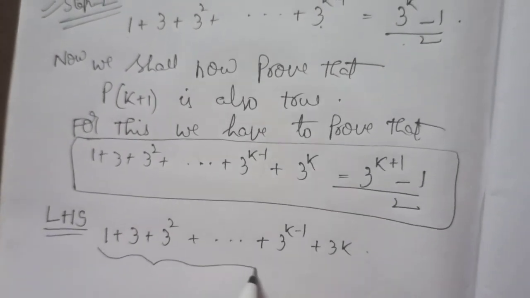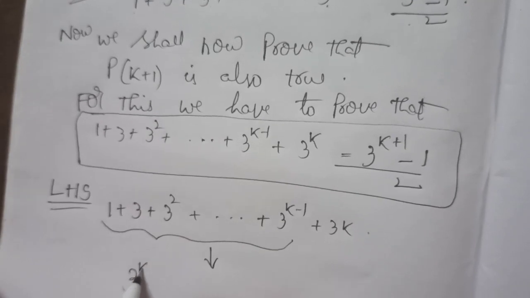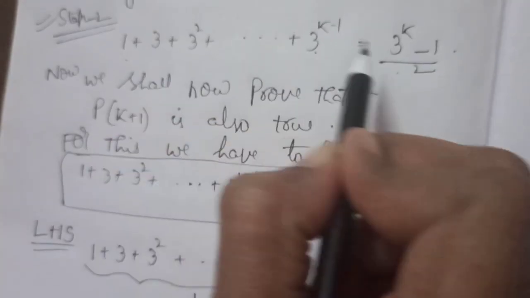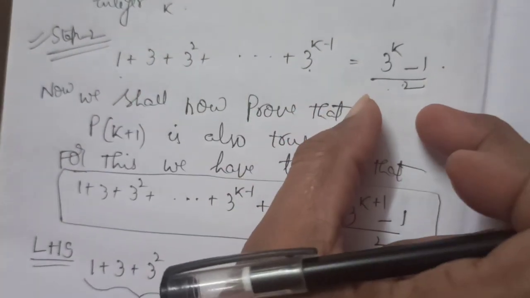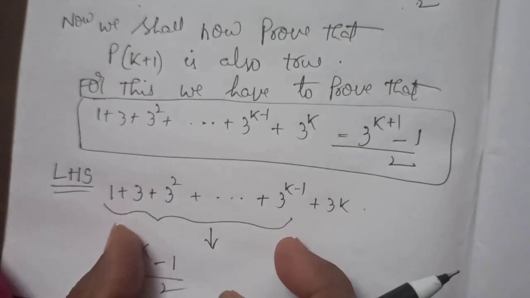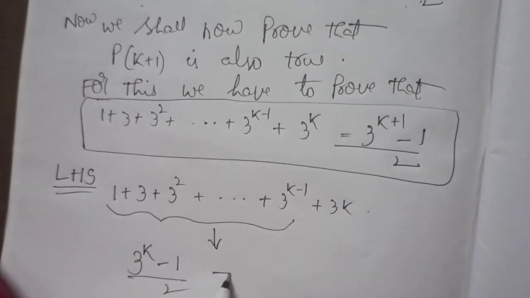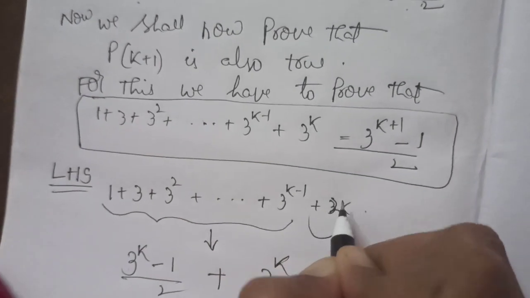So for this I can write (3^k − 1)/2 because it is given. So here I am writing the same: (3^k − 1)/2 + 3^k. Now I am taking 2 as LCM.